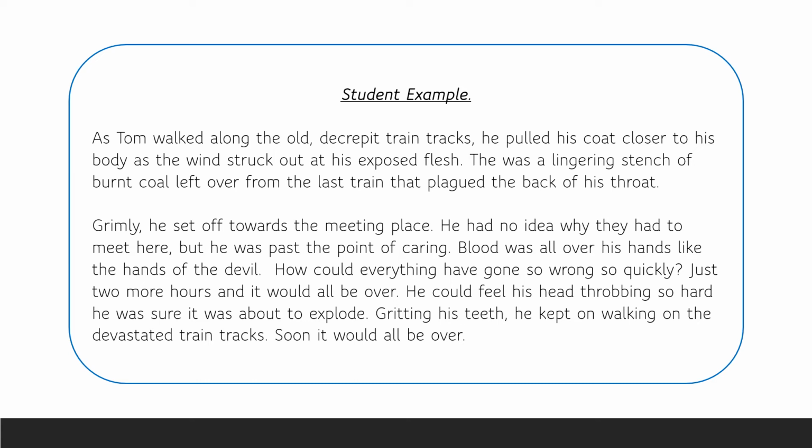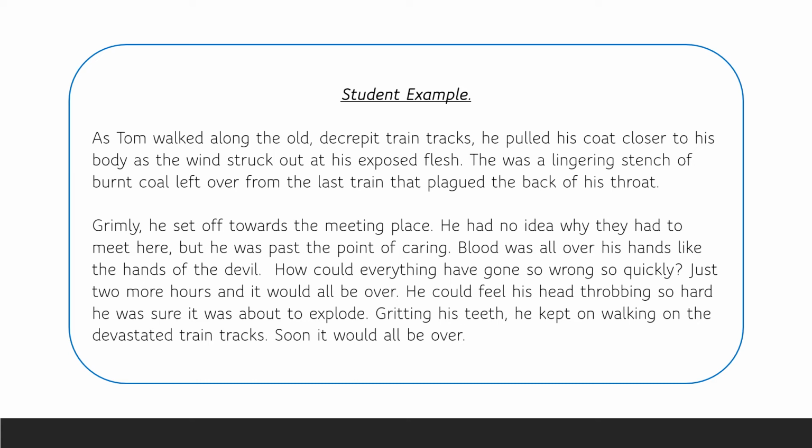Blood was all over his hands like the hands of the devil. How could everything have gone so wrong so quickly? Just 2 more hours and it would all be over. He could feel his head throbbing so hard he was sure it was about to explode. Gritting his teeth, he kept on walking on the devastated train tracks. Soon it will all be over.